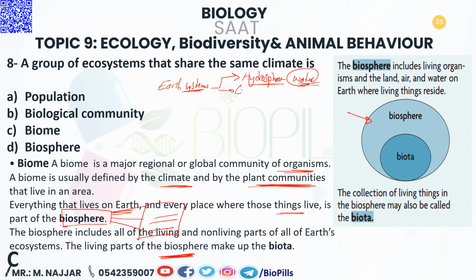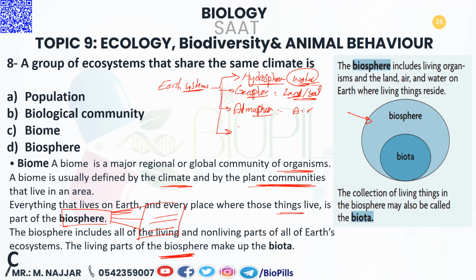Here we have the geosphere. This is the land above or even under the soil. After the hydrosphere, we have the atmosphere. That is the air that is blanketing the planet Earth.